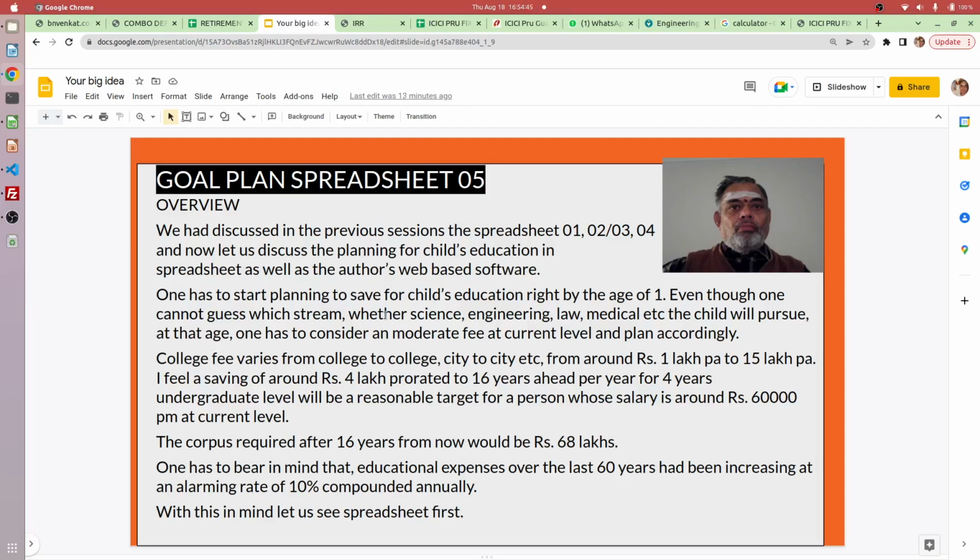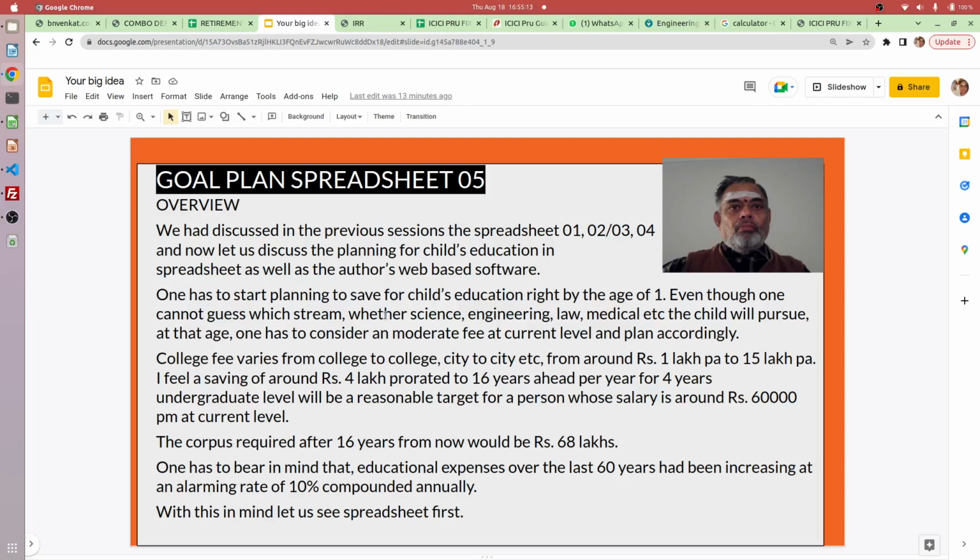One has to start planning to save for child's education right by the age of one of the child. Even though one cannot guess which stream, whether science, engineering, law, medical, etc., the child will pursue at that age, one has to consider a moderate fee at current level and plan accordingly.